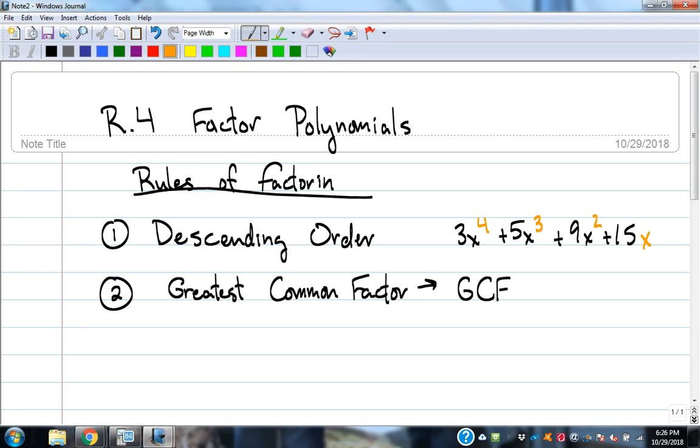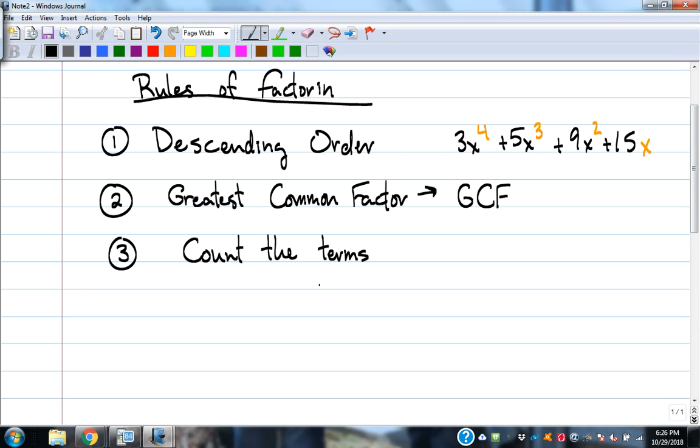We'll put it in descending order. We're going to look for a greatest common factor. Do that first. The next thing we do after we've done the greatest common factor is count the terms. The number of terms the polynomial has tells us what method to use to factor it.